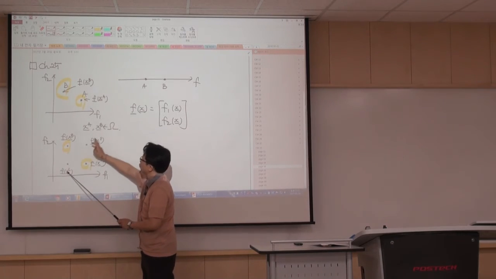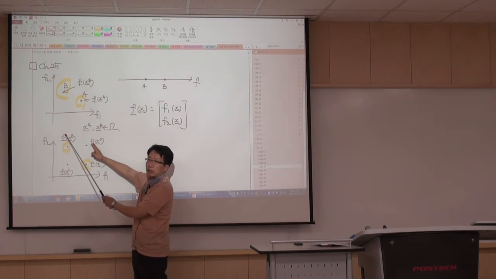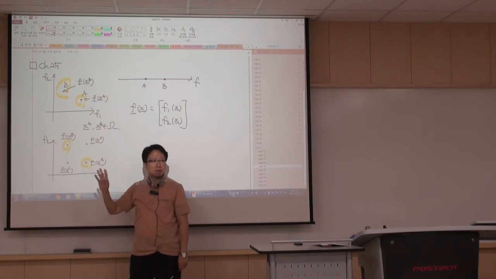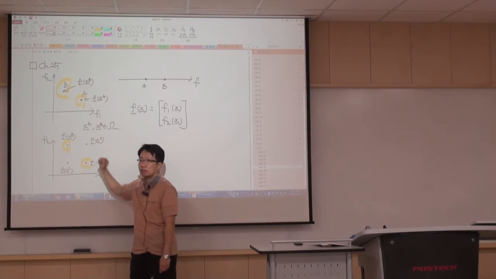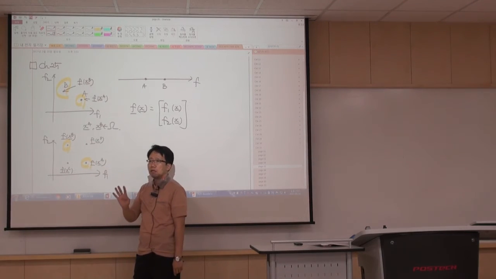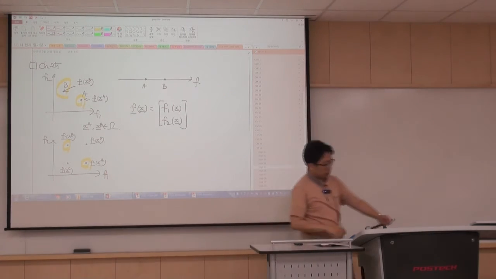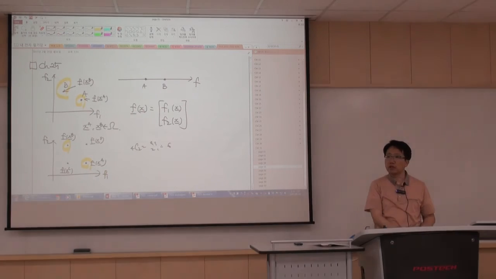Now, what about these two? The f1 value is worse here. The f2 value is also worse here. So, given these 4 points, a rectangle, how many comparisons can you make, 4 choose 2? You have 6 combinations, am I right?